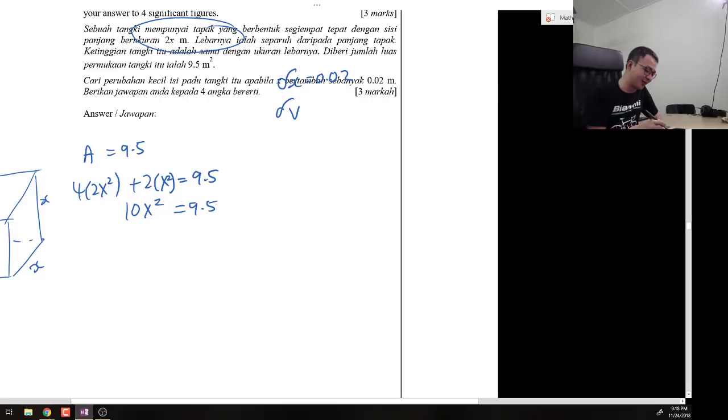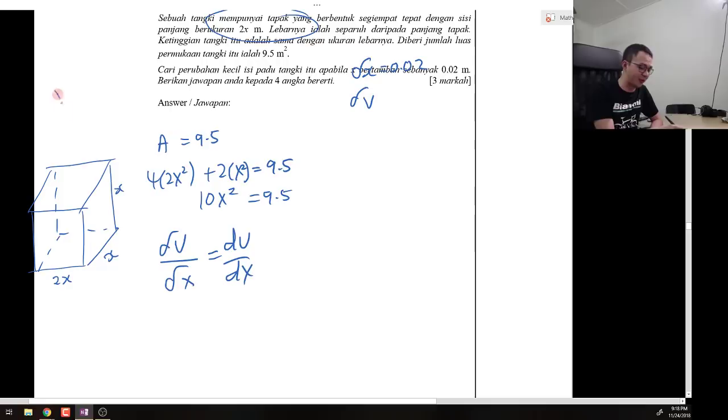But anyway, in order to find the change of volume over change of x, I know I need to get the dV/dx. So therefore, I need to get a volume formula from here. Volume will equal 2x cubed. My dV/dx from here will be 6x squared. I need to know the x value before I substitute in. This is the thing I want to find.